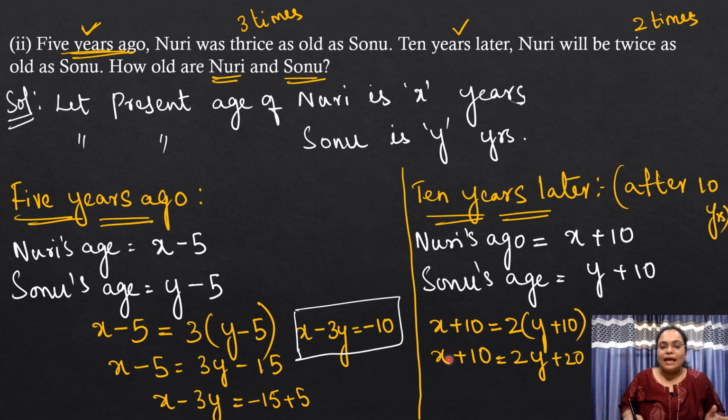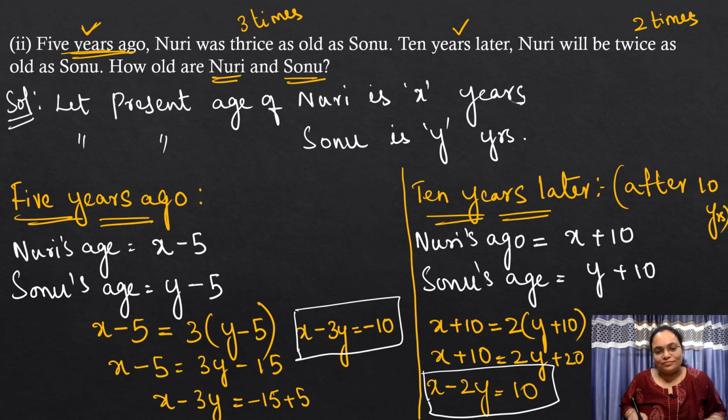Let us get all x and y terms to one side and constant terms to the other side. You will get x minus 2y is equal to 10. This is our equation number 2. So this is equation number 1 and this is equation number 2.